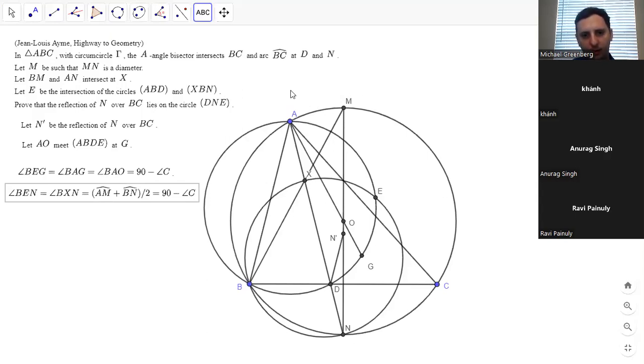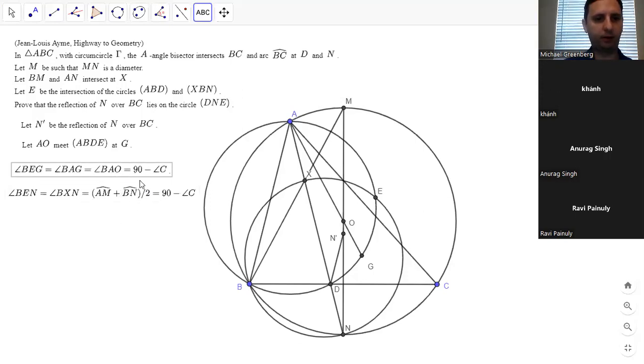What's the best way to? So AM, so this is like 90 minus, is B over 2 minus C over 2. Okay. Yeah, because this is half of arc. Yeah, I'll just leave this right here. I think the viewers can figure that out.